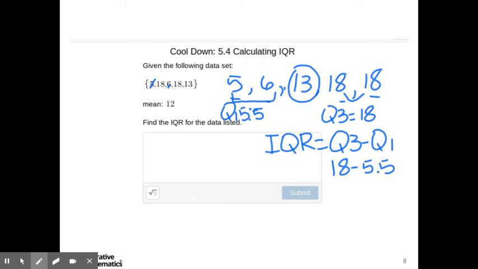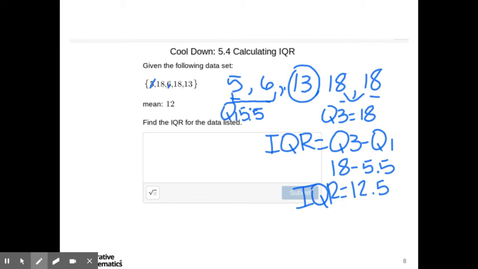And 18 minus 5.5 is going to give me 12.5. So the IQR is 12.5. And so that just tells me that the middle 50% of the data ranges across 12 and a half values on the number line. So that's how spread out the data is.